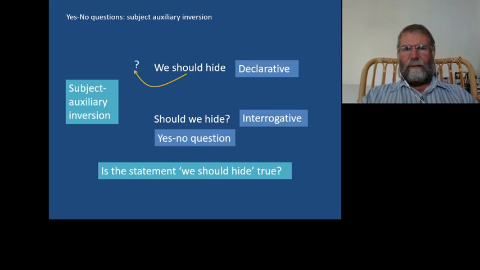The question, however, that arises once we assume that the inflection is moving to some position at the front of the sentence is, well, what is that position? We might refer to this position as the landing site for the movement. So elements that move out of some position, they move into some other position. So the question we're asking here is, what is the landing site of this inversion movement?